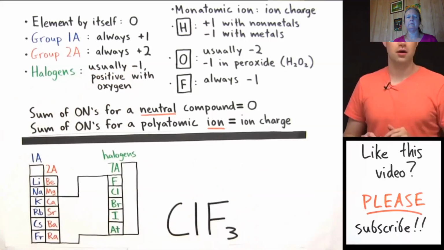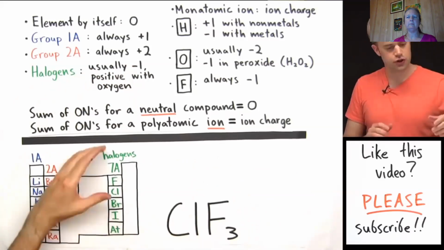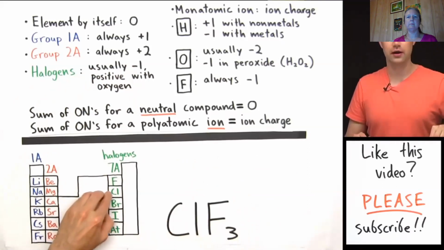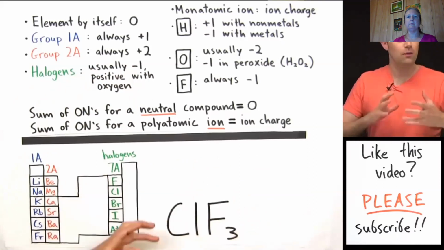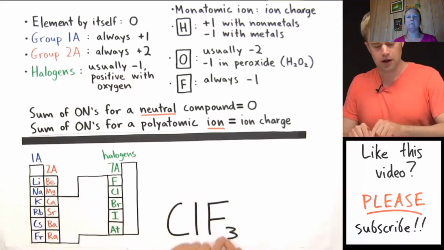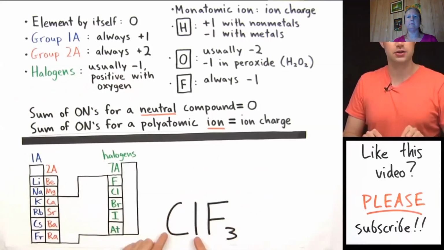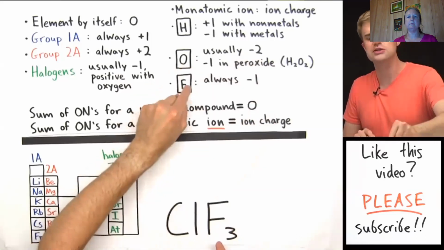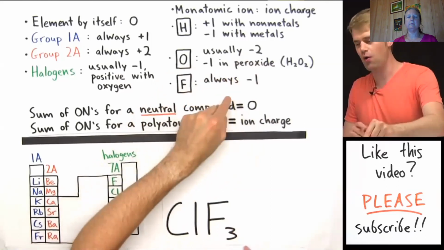ClF3. Okay, so here we have 2 halogens in the same compound. We have fluorine and chlorine. How are we going to figure this out? Well, this is one of these things that sometimes happens where fluorine combines with another one of the halogens. We're going to zero in on this rule first, that fluorine is always, always, always -1.